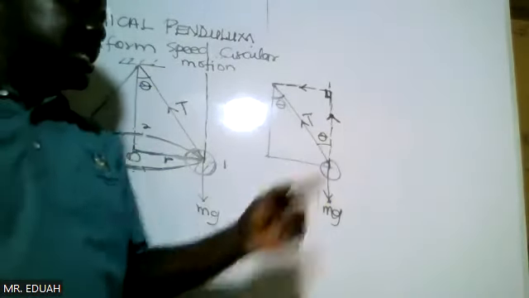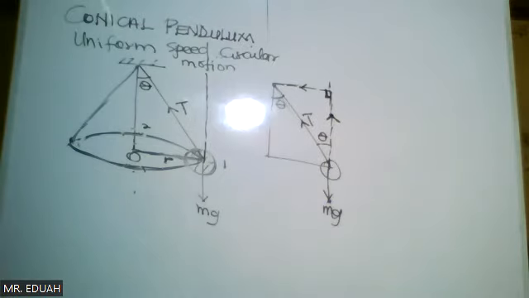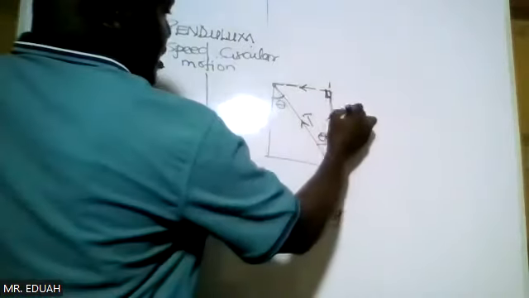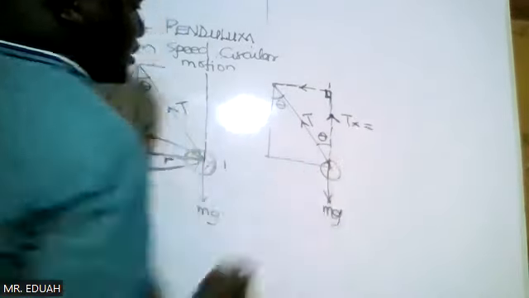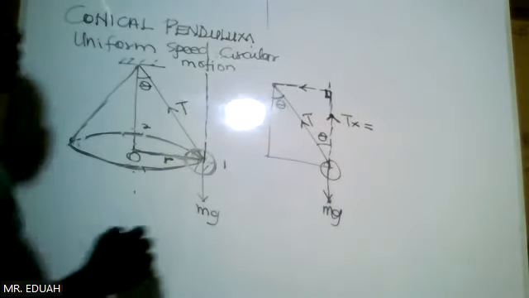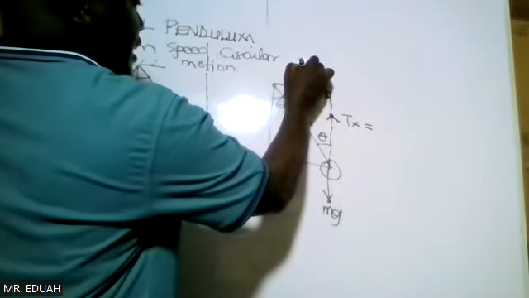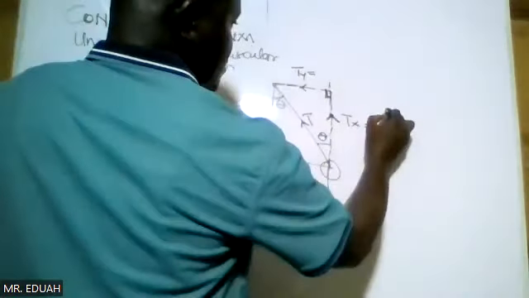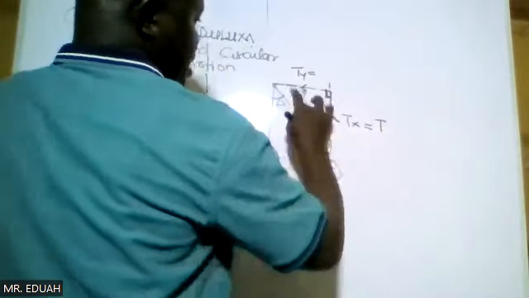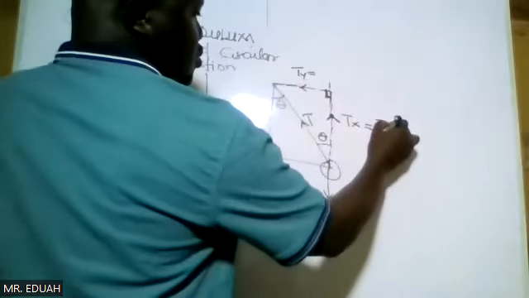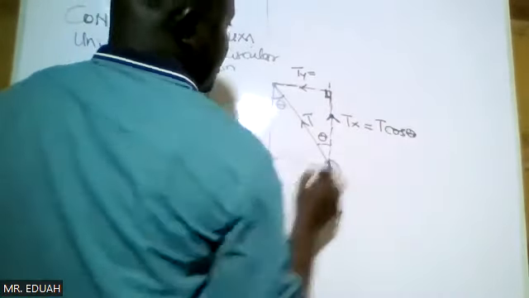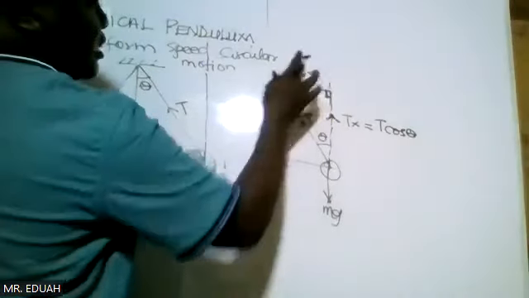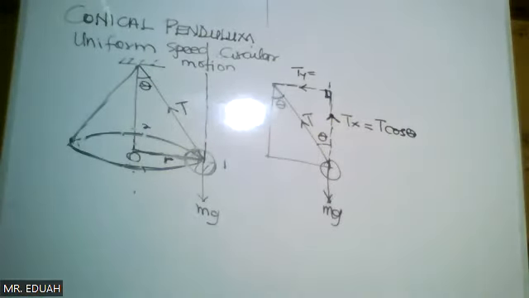Help me get this component, the horizontal component of the tension T, Tx. What will be Tx, please? T cos theta. So the magnitude, the hypotenuse, is T. So T cos theta. Then what about the vertical component of the tension?